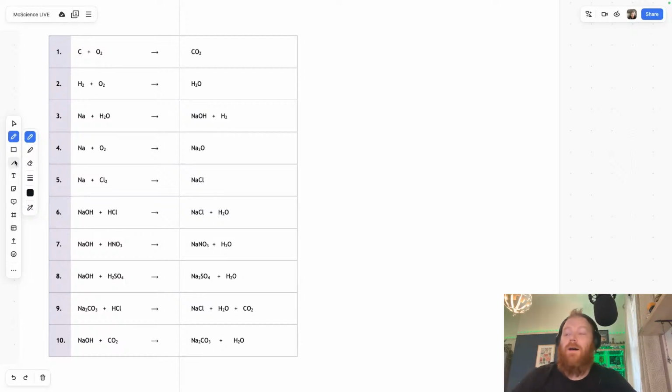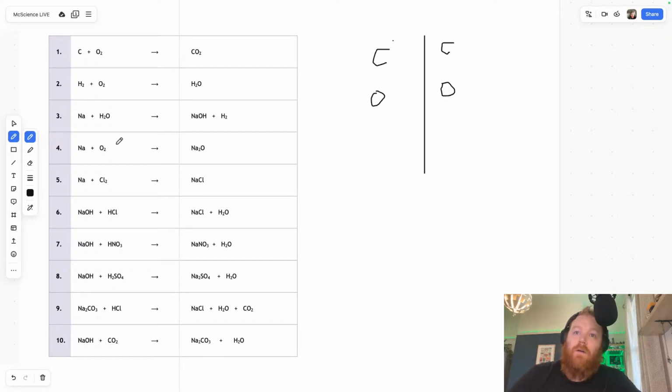So, when we are looking at our balancing, what you can see here is we would draw a carbon and an oxygen on the left and a carbon and an oxygen on the right. Now, when we are looking at balancing such equations, what we would want to do is make sure what we have on the reactant side is the same as what we have on the product side.